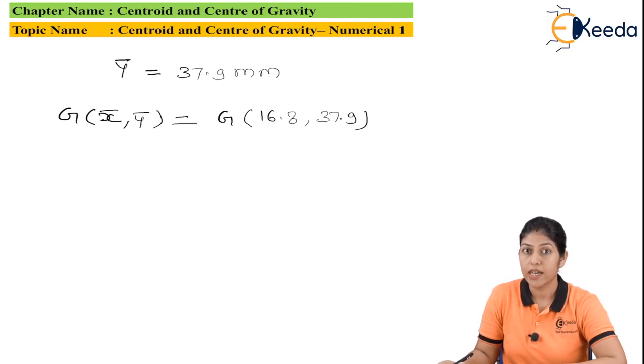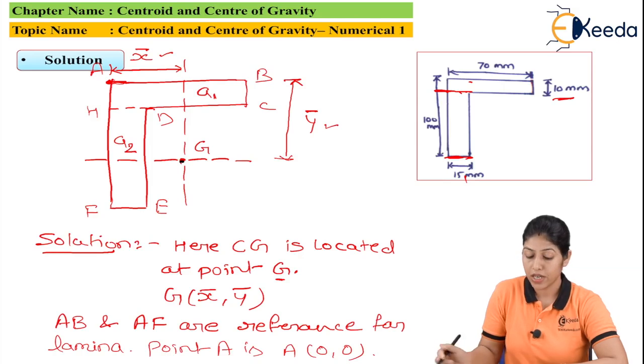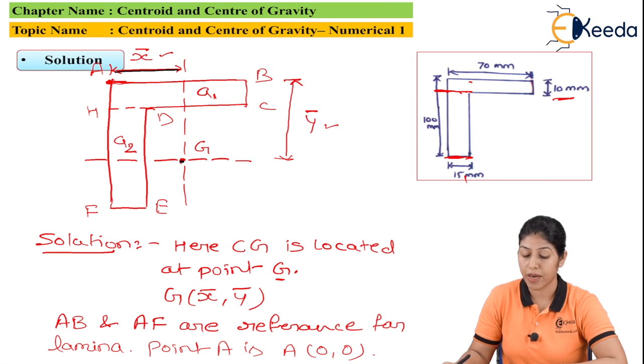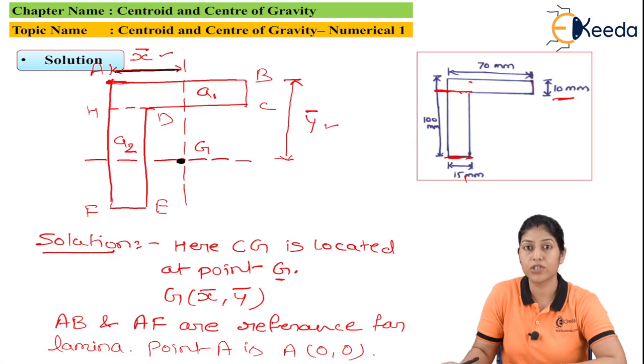So we can locate the CG on the basis of these coordinate points, and this is the position of point G. So here on point G, we can consider this X bar distance as 16.8 mm and this Y bar distance is 37.9 mm. So on that basis, we can define this particular position of centroid.